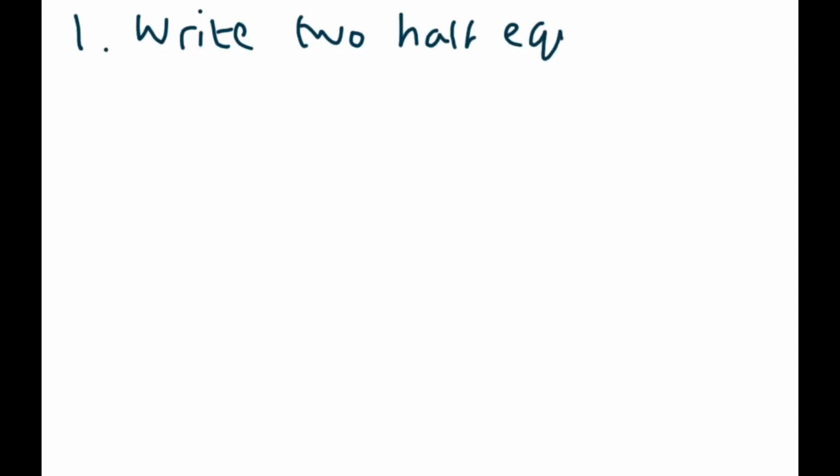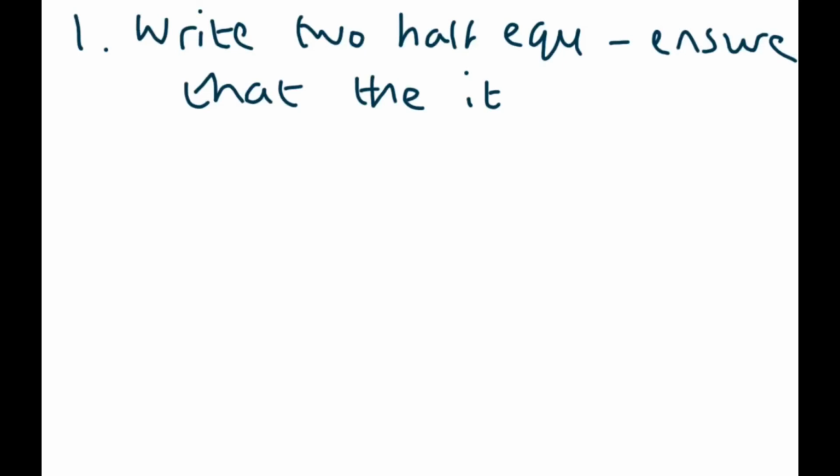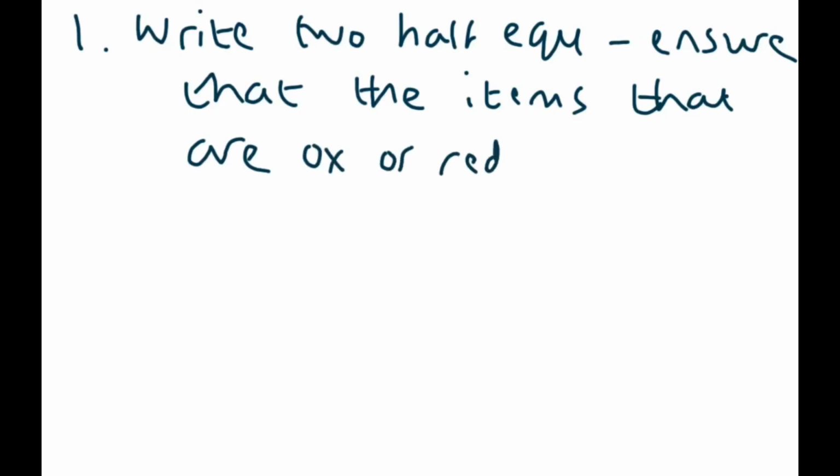Okay, so in summary, when you're doing these redox equations, the first thing to do is to write 2 half equations, and they don't need to be balanced. Just ensure that the items that are oxidized or reduced are balanced.